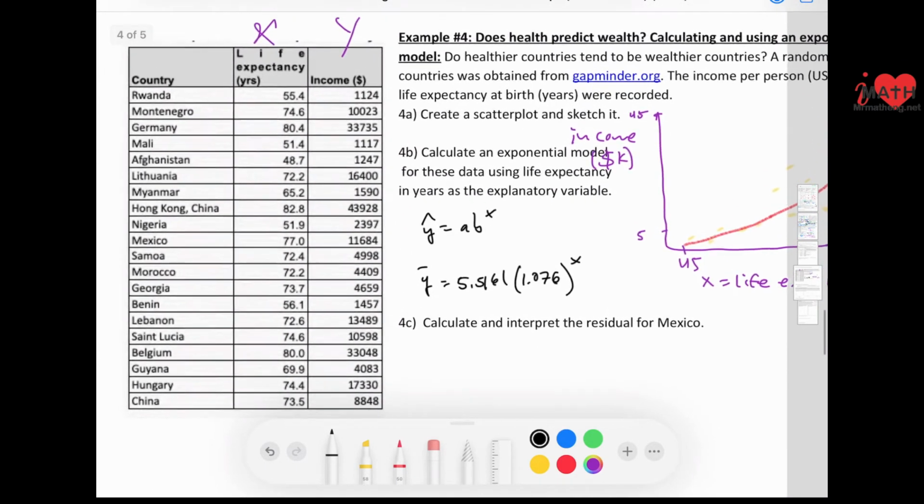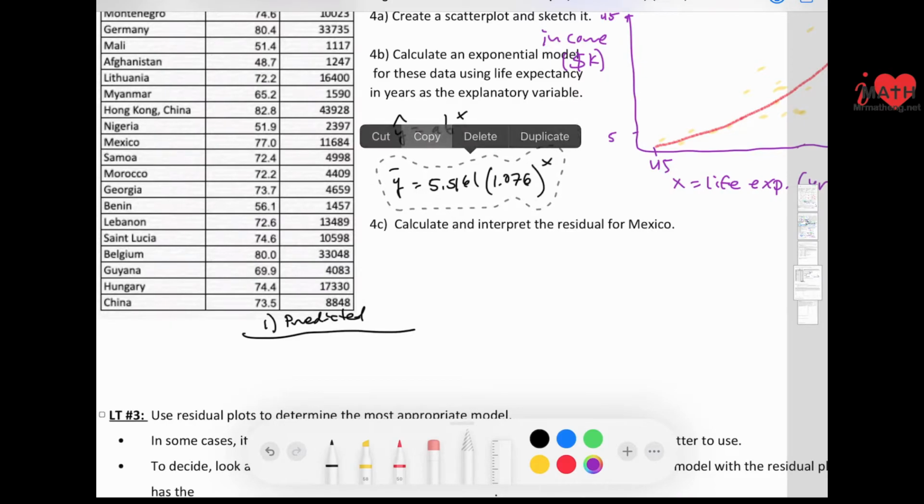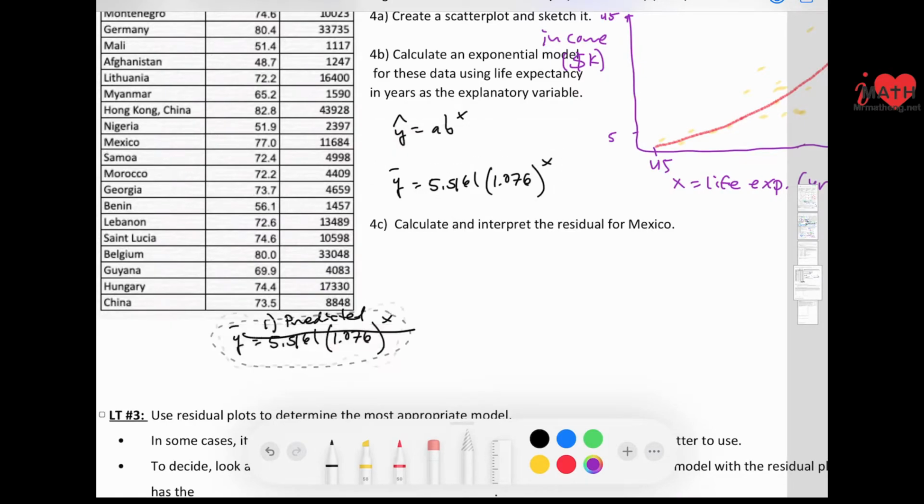Okay, for C, calculate and interpret the residual. So again, you're going to do the predicted, and I'm just going to use this equation. And they want us to use a particular country. They want Mexico. So let's find Mexico. And there is Mexico on my list.